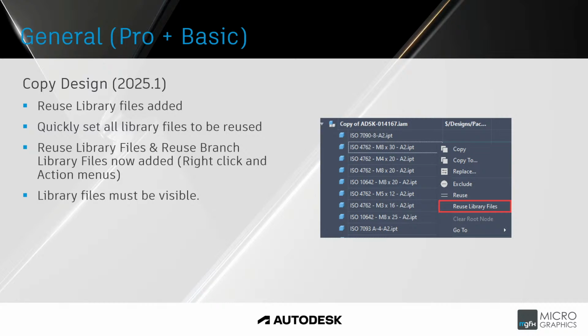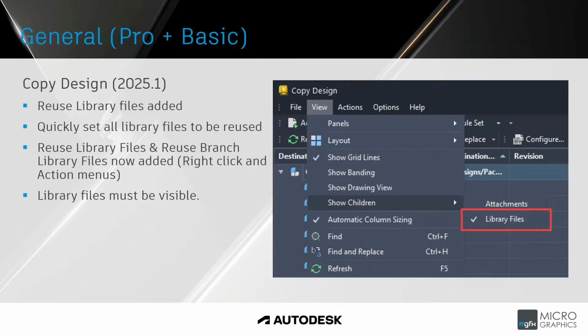Now by default, if I skip back a little bit here, by default the library files are not shown. So that show children library files is typically off. That means that they are not shown in the grid, and they are not copied. They are automatically set to reuse if they are not shown in the grid. Same with the drawings.